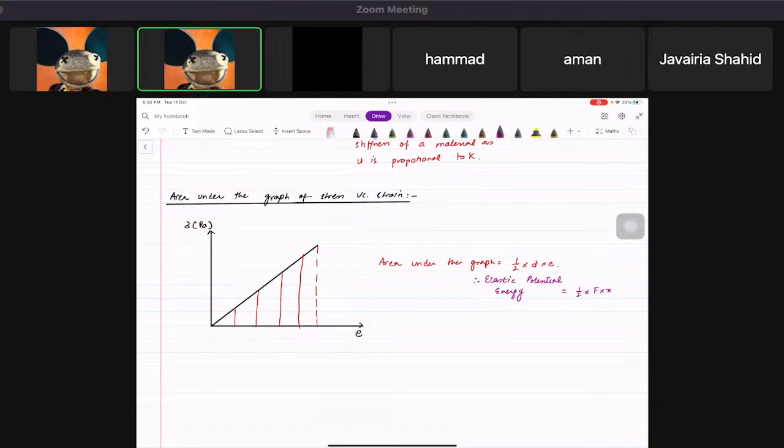And we also know that the volume is equal to the area times the length.